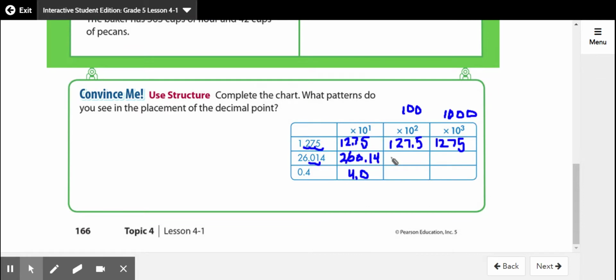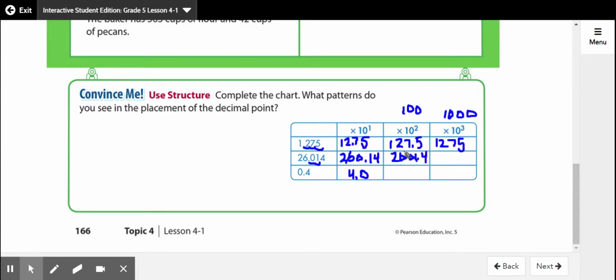Okay, so I moved it 2, 1, 2. So it goes between the 1 and the 4. So let's try again. 2, 6, 0, 1.4.